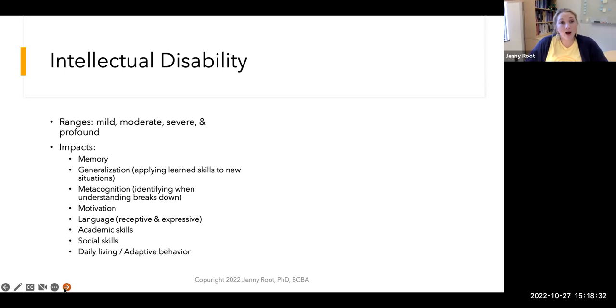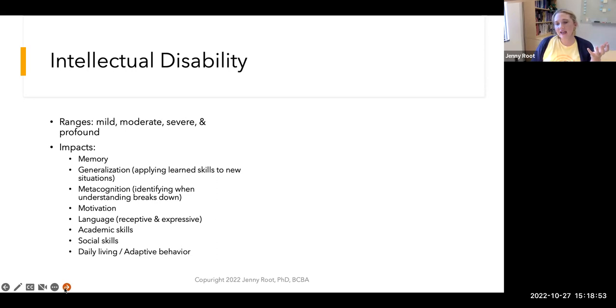You may also hear the term cognitive disability. It's actually a federal law, and then Rick Scott also made it the state law that we don't use that term anymore and that we replace it with intellectual disability. It does impact, depending on the severity, a wide variety of mental processes.